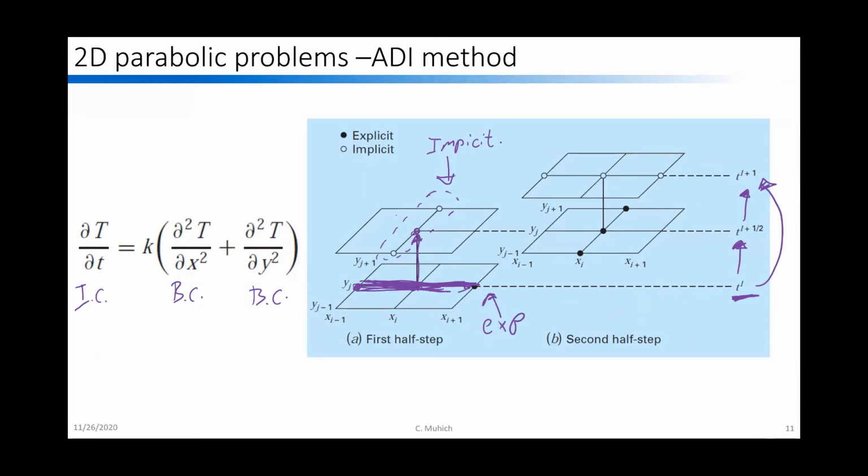So now we're going to flip it. In the second half step, I'm going to go explicit in the x. So I'm going to look backwards at these x points and do implicit in the y direction. So these points are now implicitly solved for. Okay, so this is the idea.